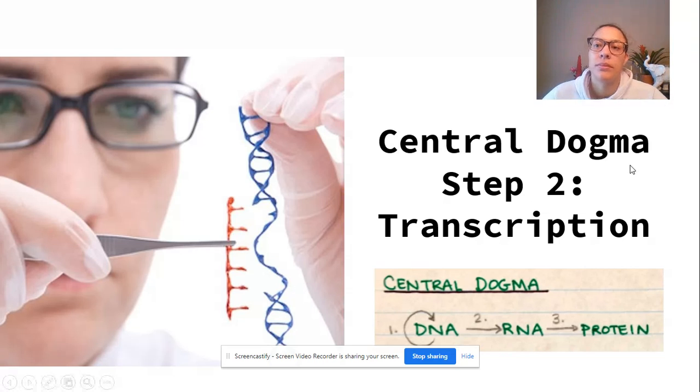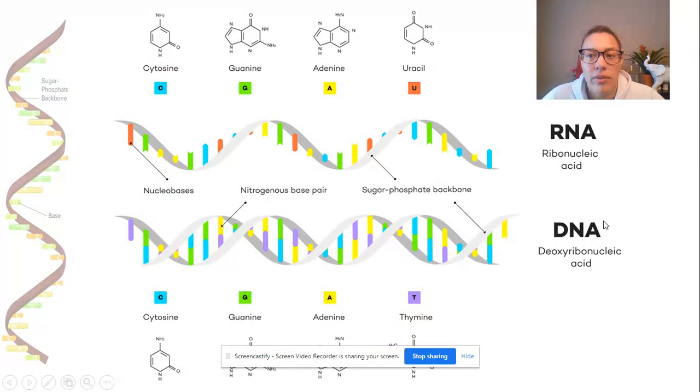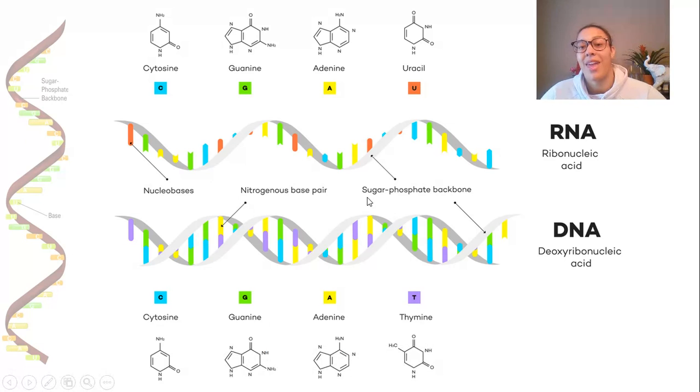So I'm just going to start by recapping the differences between RNA and DNA so we have that visual. We know that all genetic material is made up of nucleotides, and those nucleotides are going to have a sugar and phosphate backbone, which we can see happening here. I guess that's a better visual.